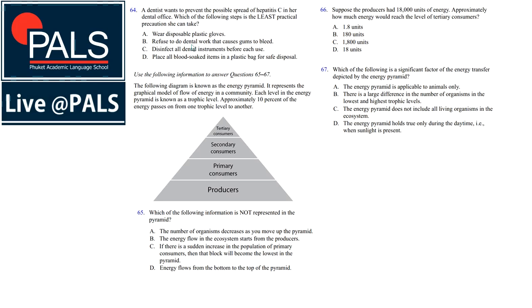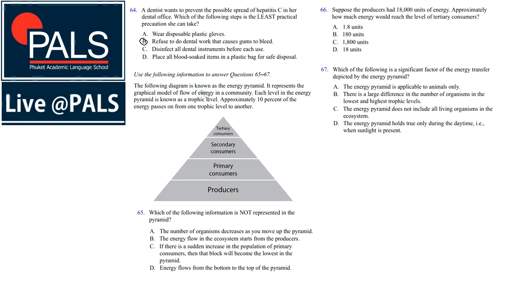This is something very normal in dental work. However, all other precautions make sense. They help to prevent the spread of hepatitis C. So therefore, B is the correct answer.